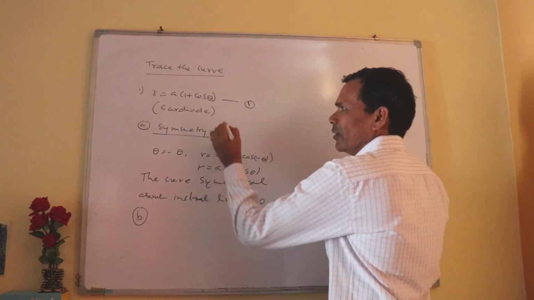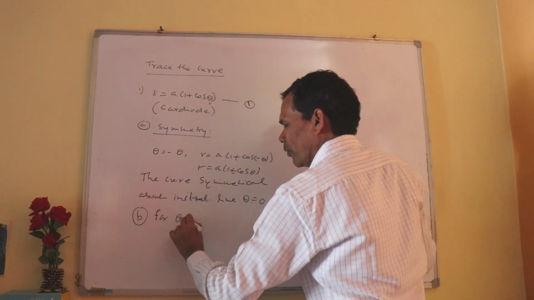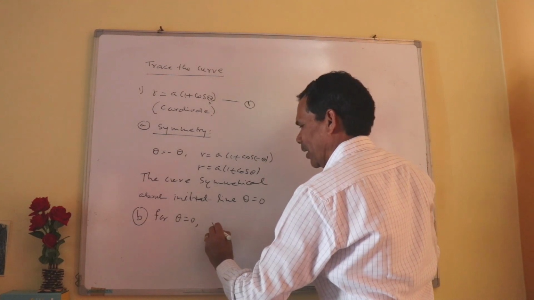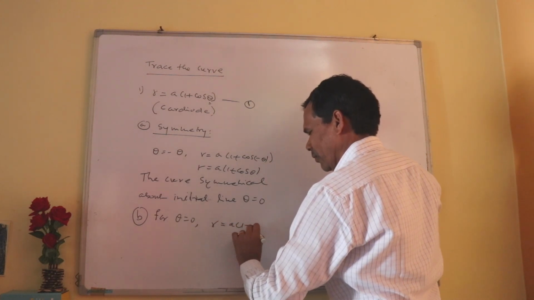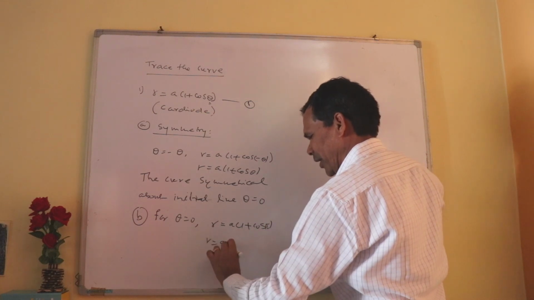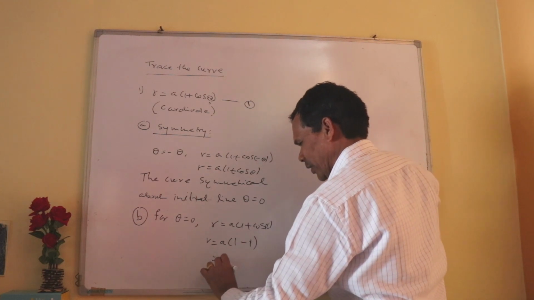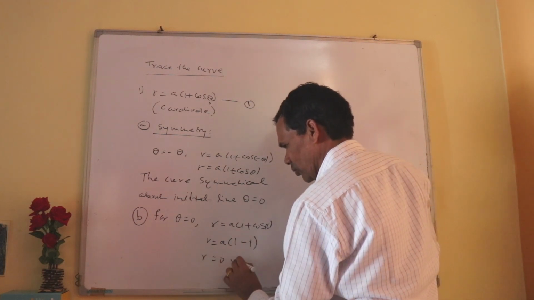Next, for which value of theta does r become 0 for this curve? If you observe here, for theta is equal to pi, r is equal to a(1 plus cos pi), and cos pi is minus 1, so it is 0, r is equal to 0.